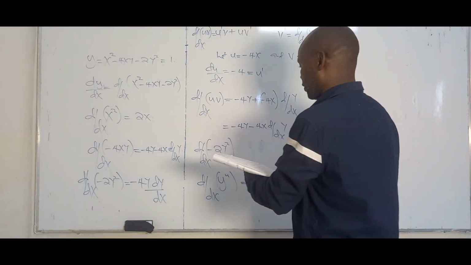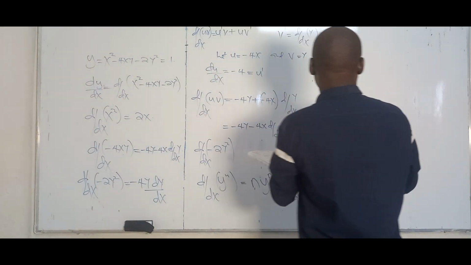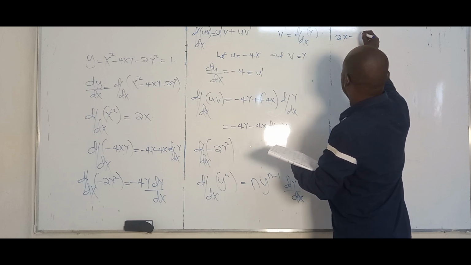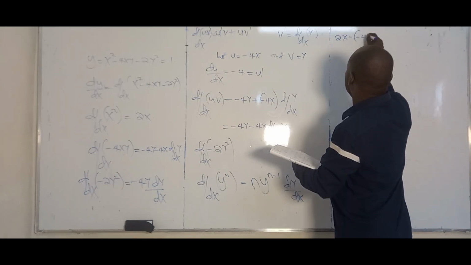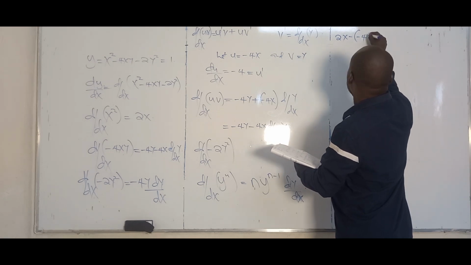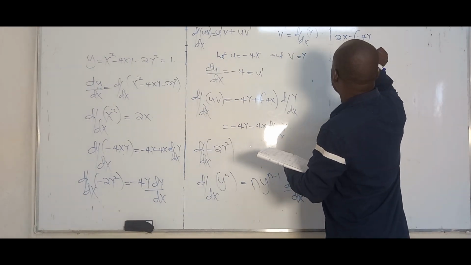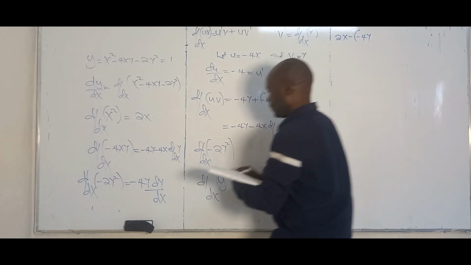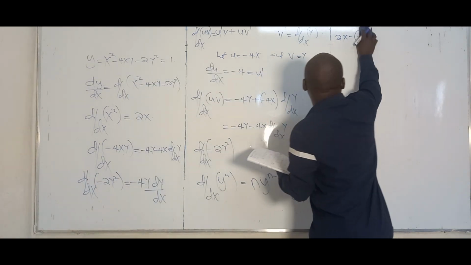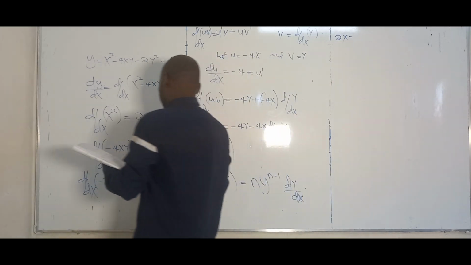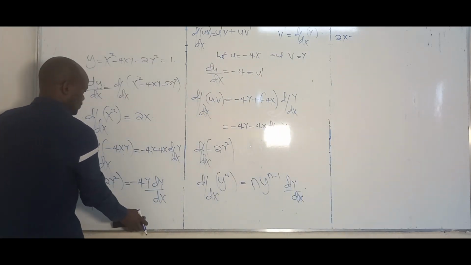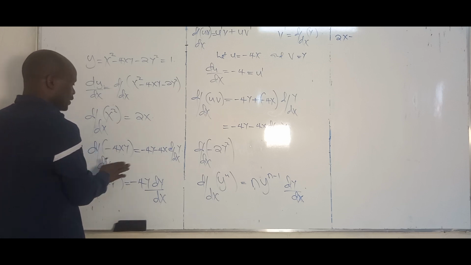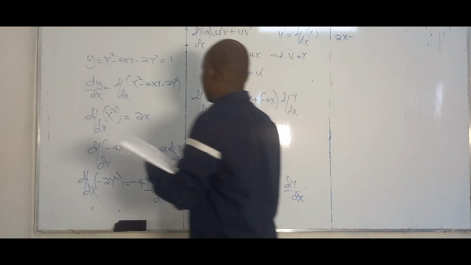So what I have, it will be plus, so I have minus, in bracket minus 4y. I need to take care of this. So I should just leave them the way they were because I'd taken care of that.